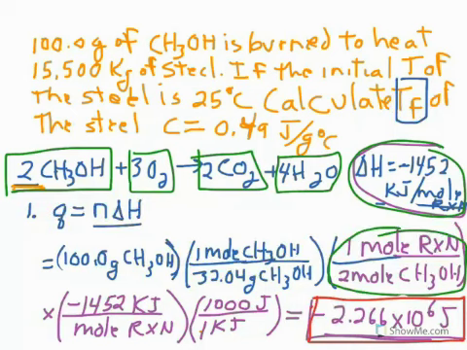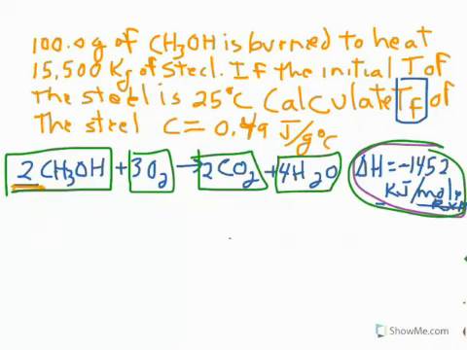So step 2 states that the heat that's produced by the reaction has to equal the heat that is used up or absorbed by the still. So Q lost, we can say this in multiple ways. Q lost is equal to negative Q gain, or perhaps Q gain is easier, is equal to negative Q lost.